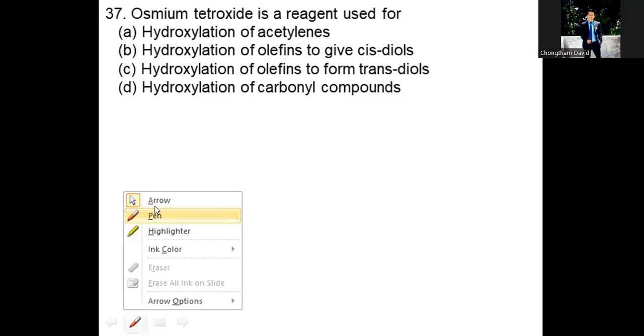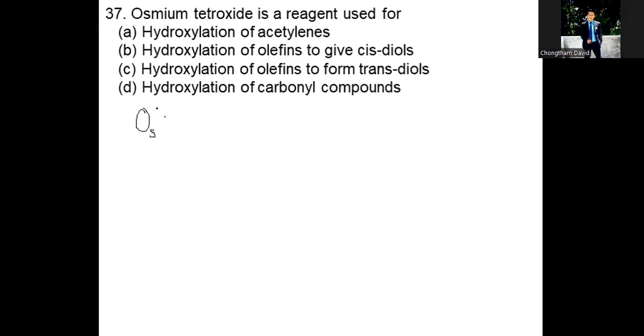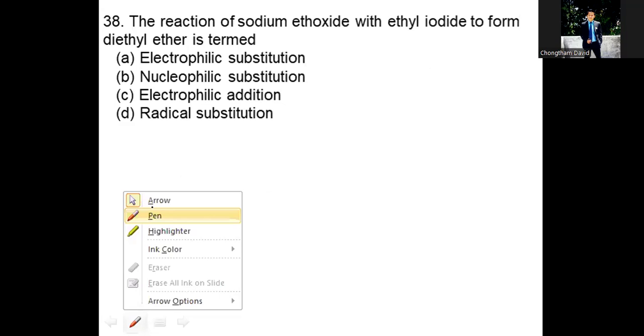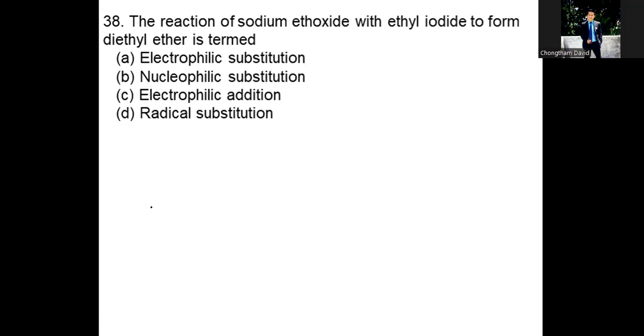Osmium tetraoxide, you know the formula, is a reagent used for hydroxylation of olefins, alkenes, okay, to give diols. Easy. 38. The reaction of sodium ethoxide with ethyl iodide to form diethyl ether is termed as.